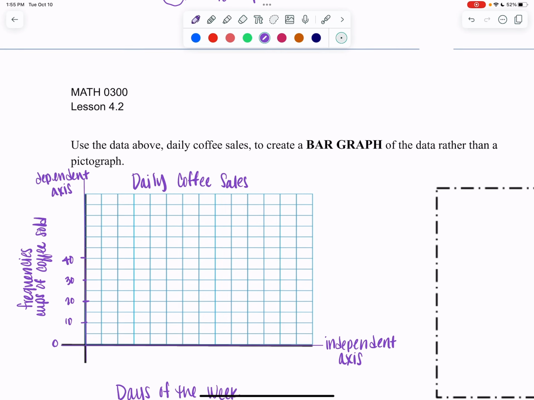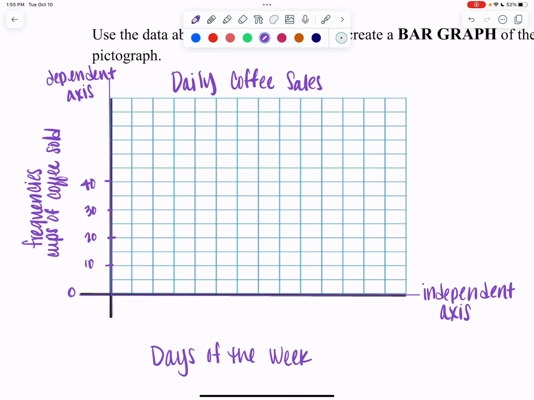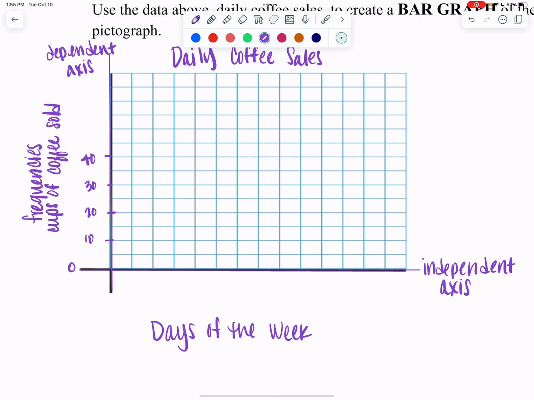We need to set up our bars. So we need to set up our days of the week. So we'll make this one Monday. We'll make this one Tuesday. We'll make this one Wednesday. I'm going to run out of space, but that's okay. I'll move the Mondays over.